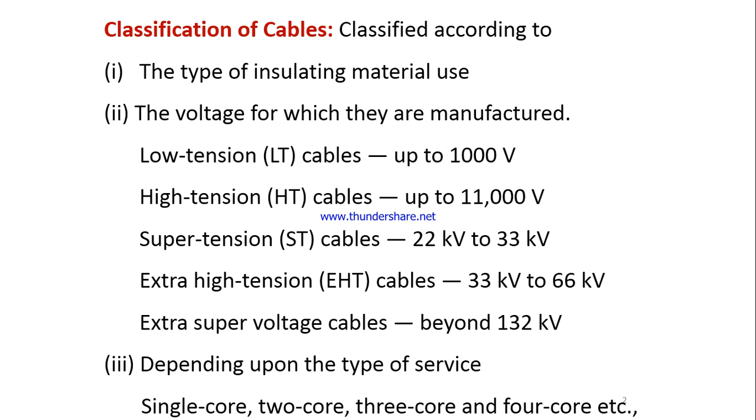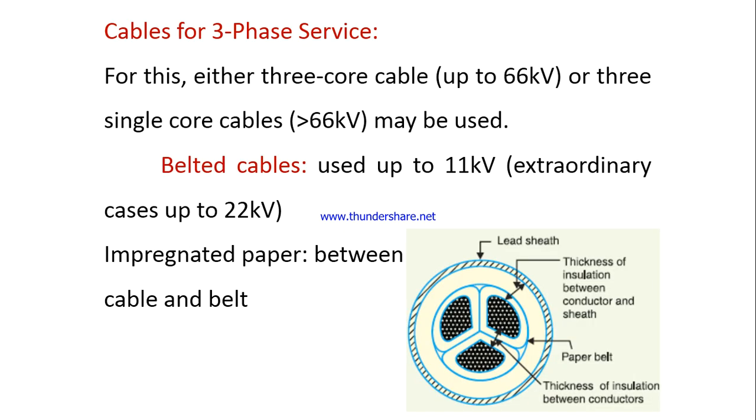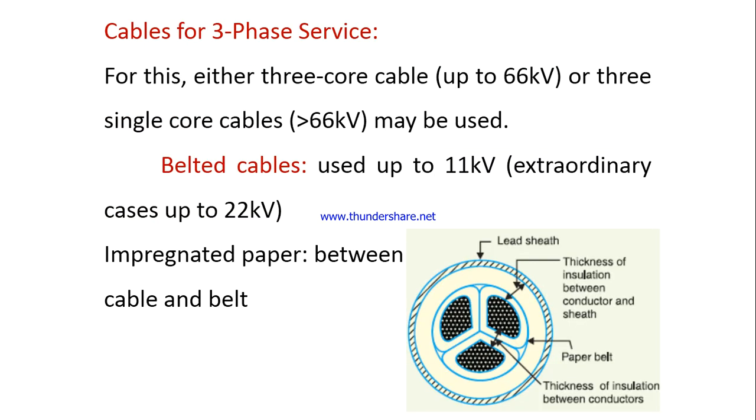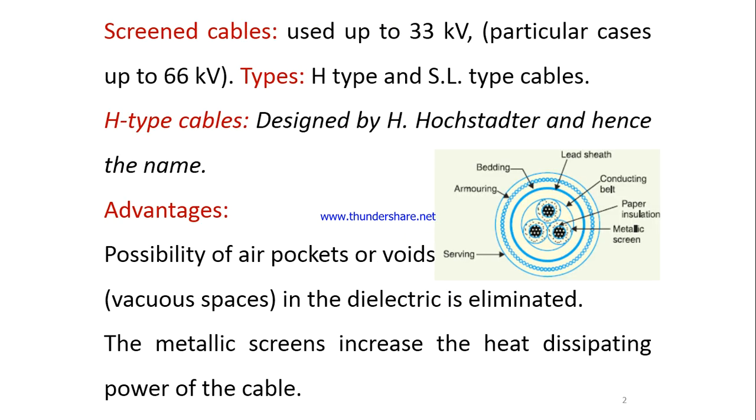Depending upon the type of service, it may be a single core, 2 core, 3 core and 4 core cable, etc. There may be belted cables and screened cables. In belted cables, the construction is that there is a paper belt over the conductors, over which bedding and lead sheath insulation are provided. Next is the screened cable.